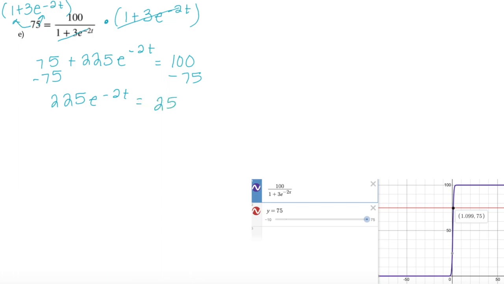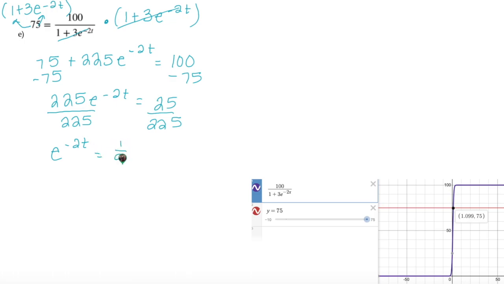Still haven't isolated our exponent yet. I need to divide both sides by 225. So e to the negative 2t is equal to 1/9.